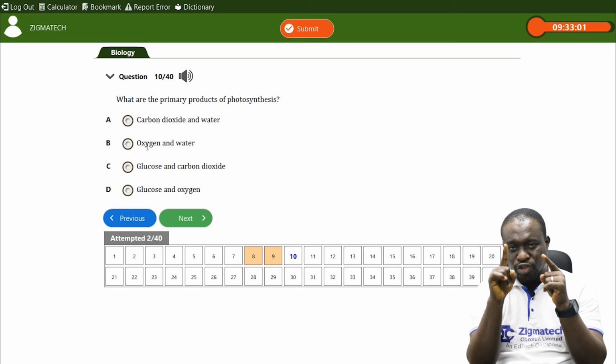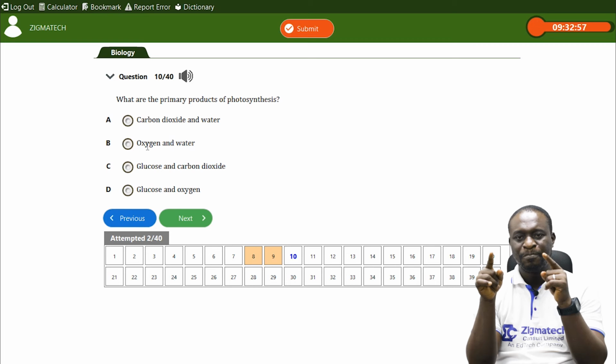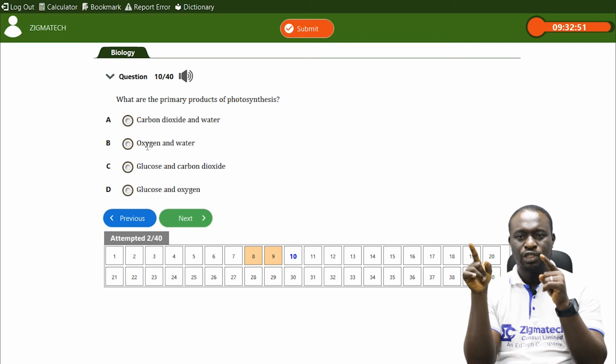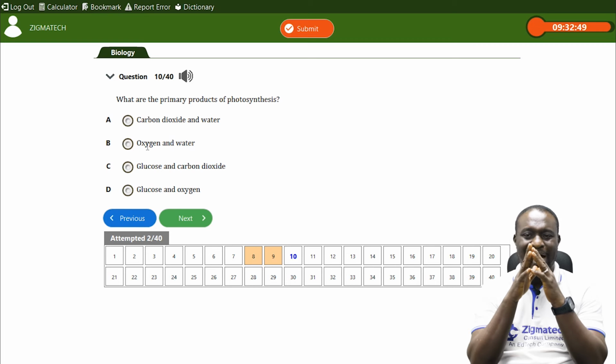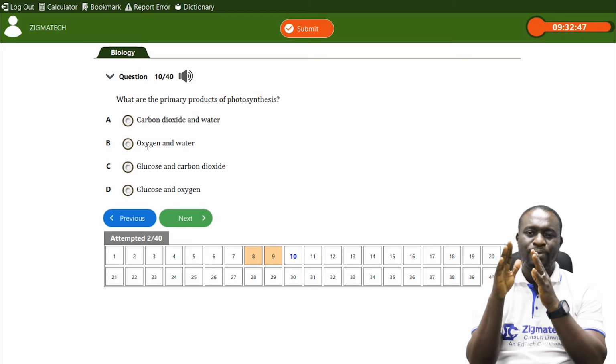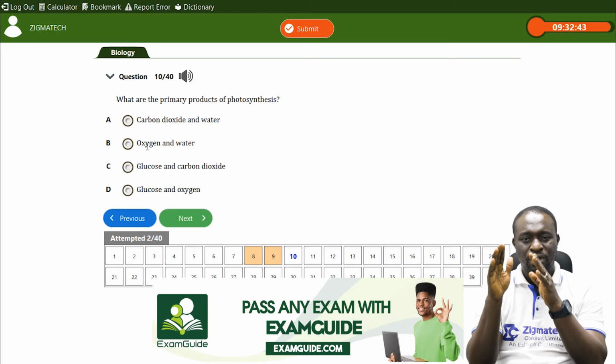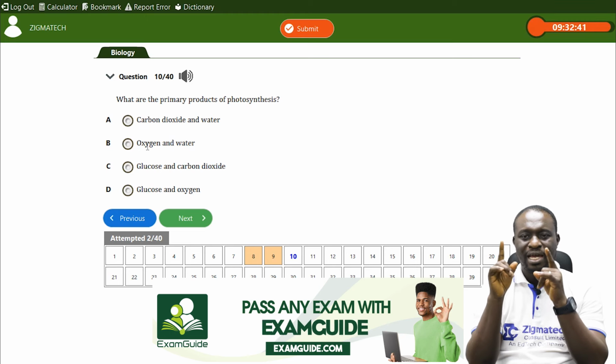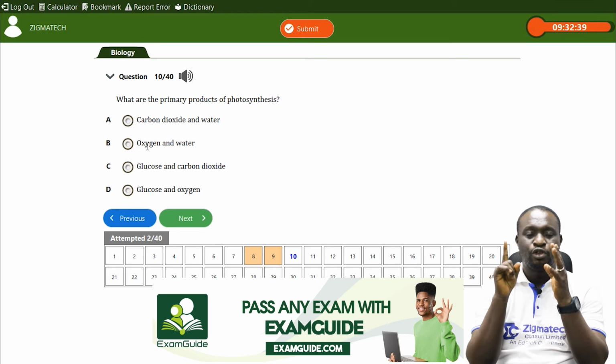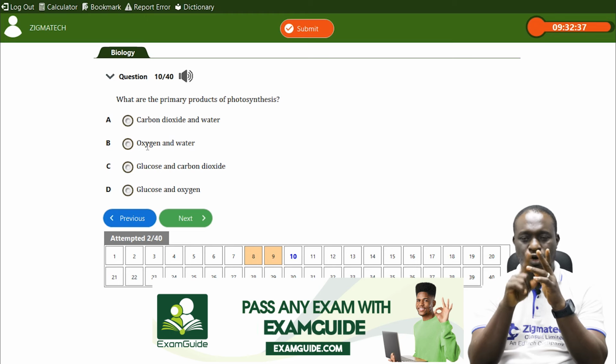You can put sunlight on top, and underneath you can put chlorophyll. They give rise to glucose, which is C6H12O6, plus oxygen that is given off as a gas. So the two primary products of photosynthesis are glucose and oxygen.